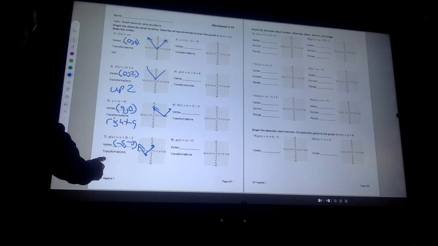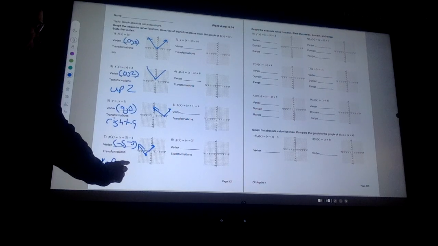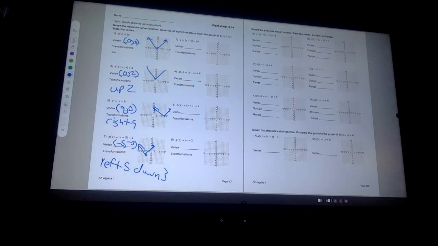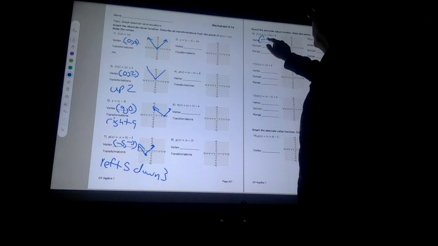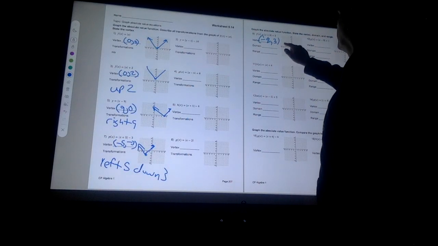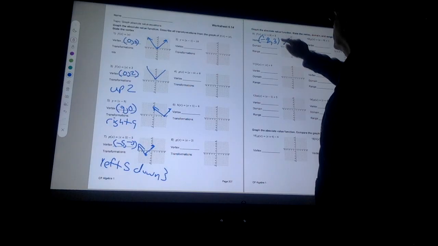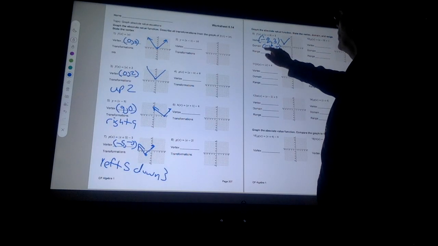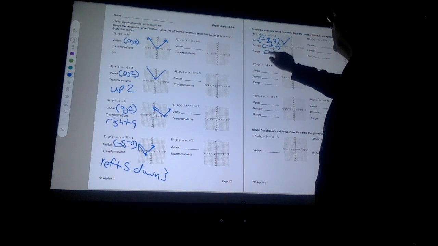Transformations, left 5, down 3. Number 9, our vertex is at -8, 3. It looks like that. Domain, negative to positive infinity. Range, the y value, 3 to infinity.